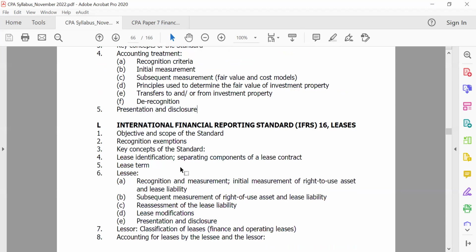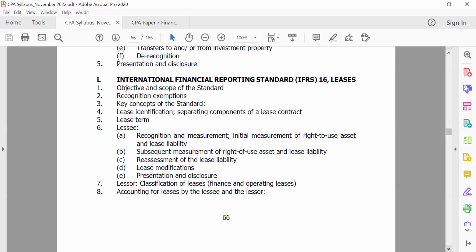And again, we have IFRS 16, which is leases, quite important. So we'll understand the lease terms for the lessee and then the lessor. We shall also see how the lessee prepares their financial statements in terms of recognition and measurement. We'll also understand the two key types of leases, that is the finance lease and the operating lease, and how we account for leases for both the lessee and the lessor.